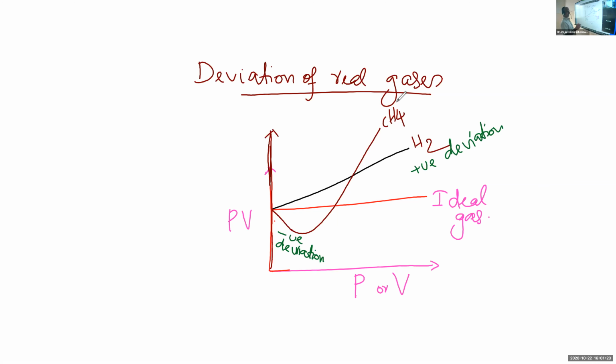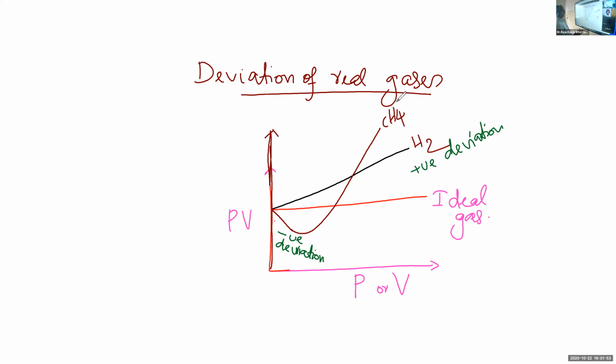But practically, in the majority of cases, the PV against P graphs are not straight lines parallel to the pressure axis, as is expected for ideal gases. There is deviation. So real gases deviate from the ideal behavior.